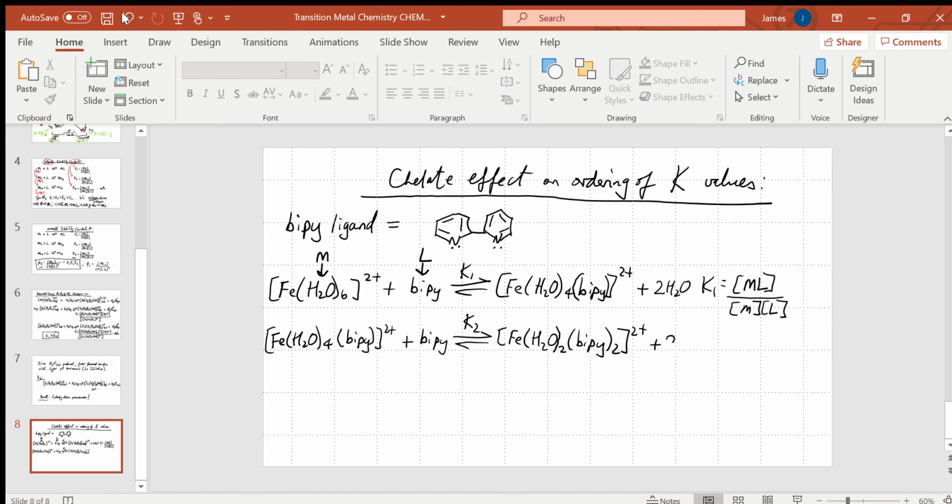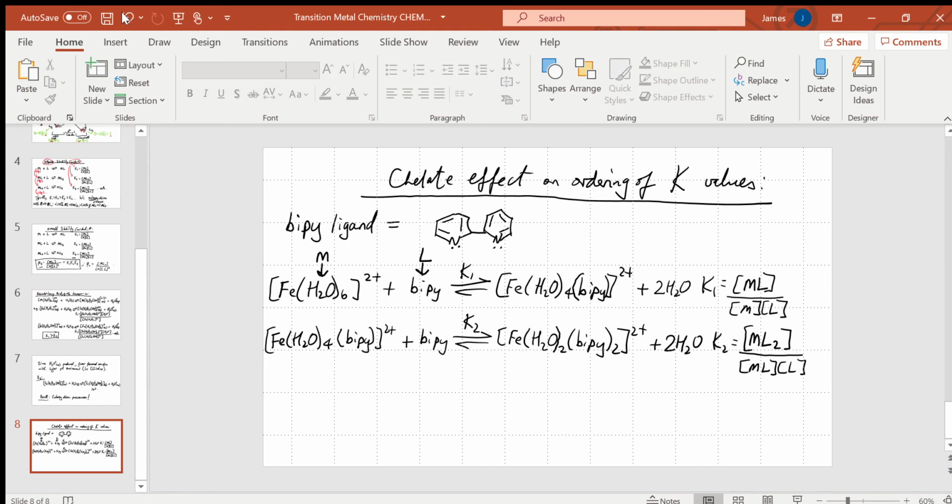We've lost another 2 water molecules. And now K2 would be the original compound, but now with 2 Bippy, over the original compound, which had 1 Bippy, and an extra Bippy.